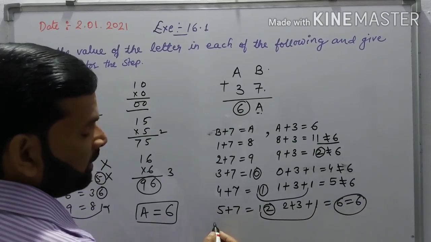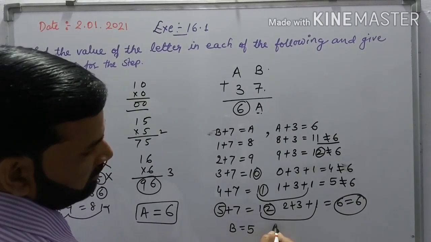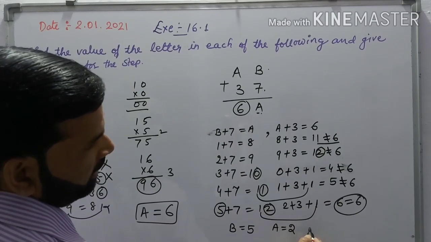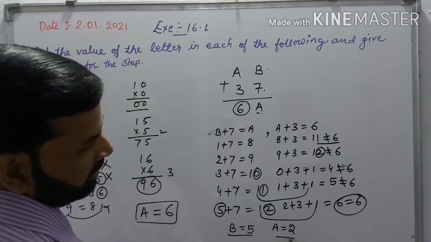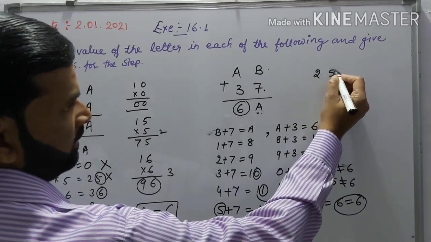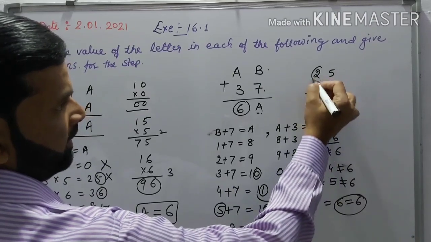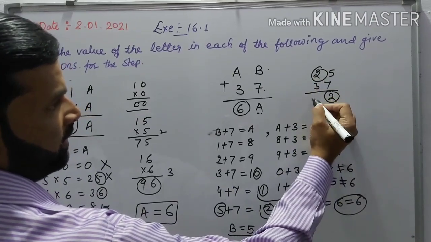It means your value of B is 5, value of A is equal to 2. Okay, you write 25 plus 37 is 62, they are same value, and here 6.